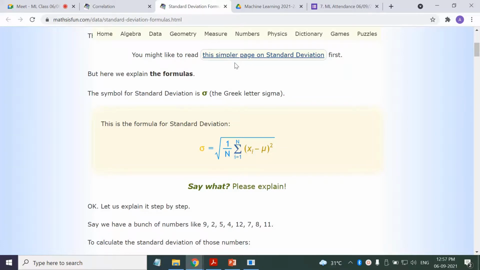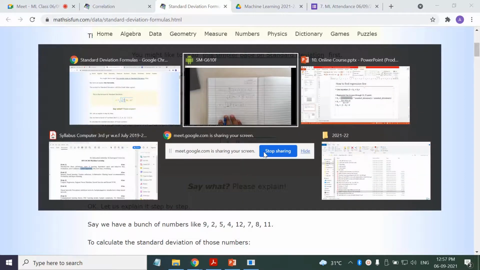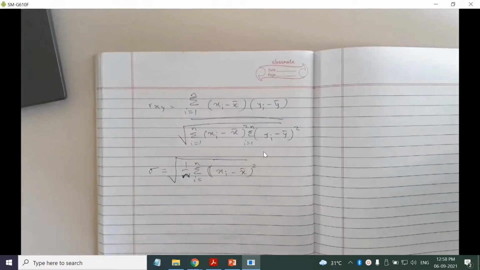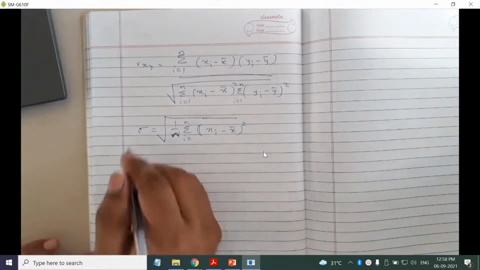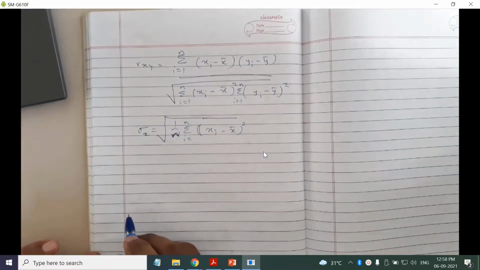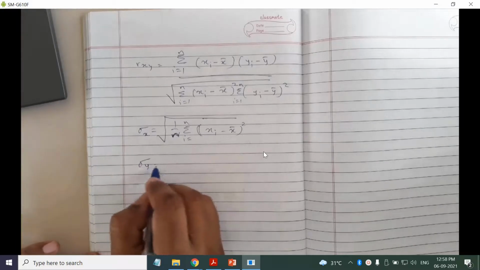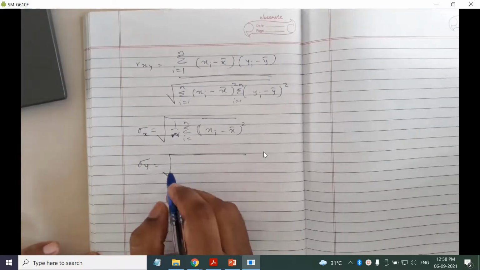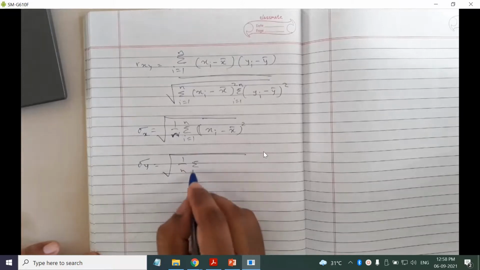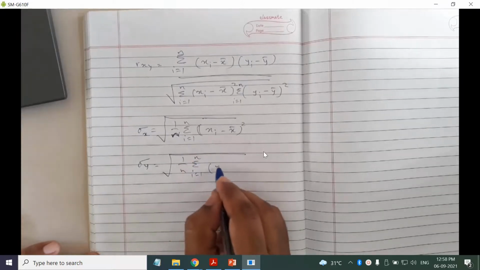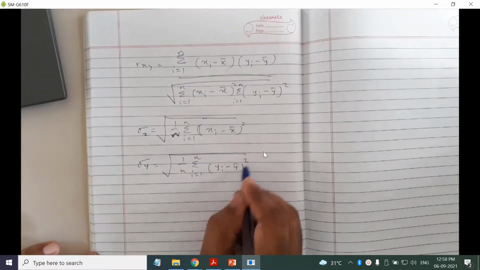Summation i equals 1 to n. I am writing small n to keep the consistency, and instead of mu as the mean, I will be writing x bar. So this is the standard deviation for x, and the standard deviation of y is 1 by n summation i equals 1 to n of yi minus y bar squared.